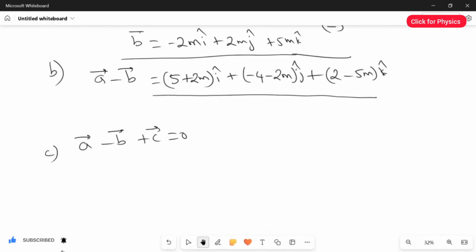So what you can do, you can keep this C and move the remaining two terms to the right hand side. By that, what will you get? You will get vector C is equal to B vector minus A vector, right? Because when this B comes to the right hand side, it will take the positive value. When the positive A comes to the right hand side, it will take the negative value. But I can use a simplification.